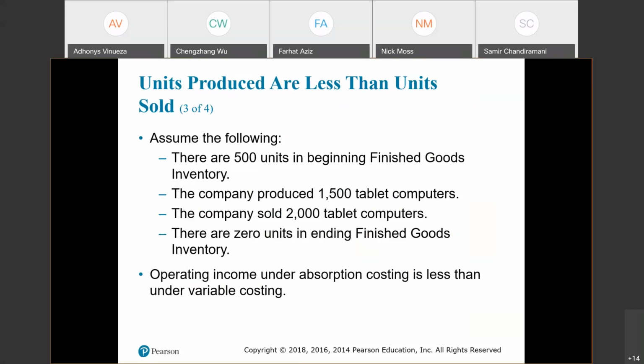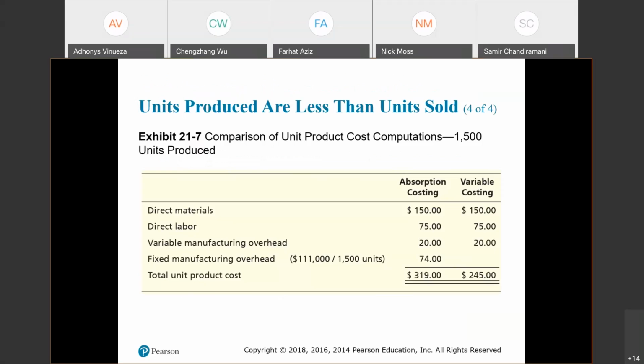So for the ending finished goods inventory, there are 0 units. In conclusion, the operating income under absorption costing is less than under variable costing.